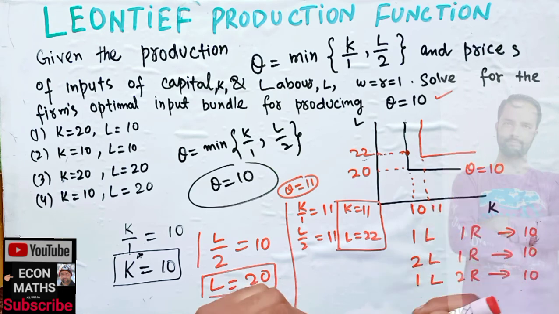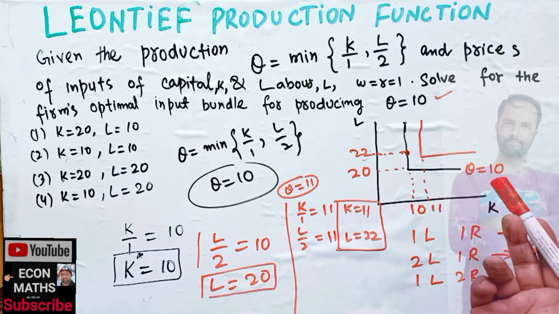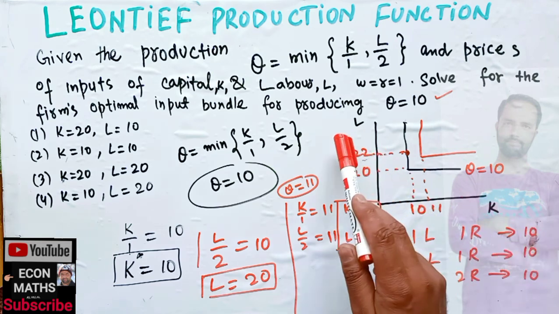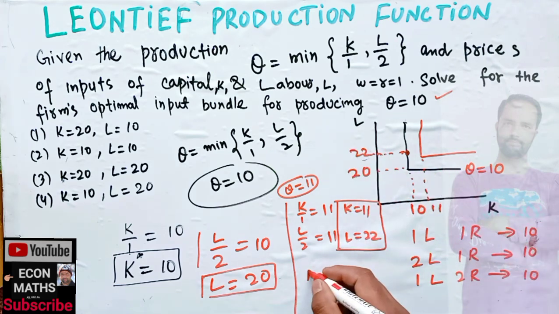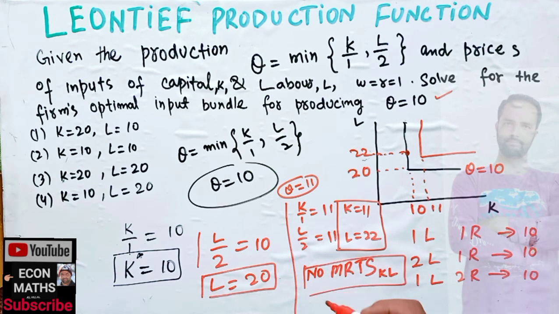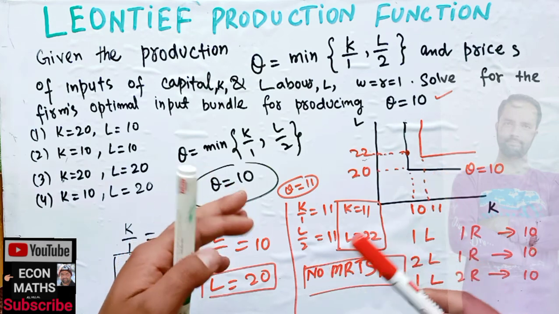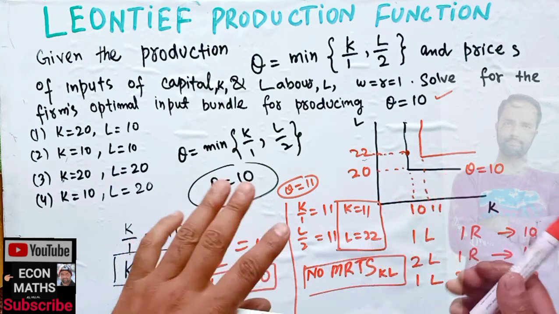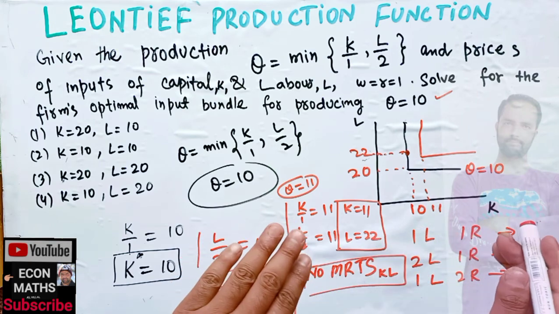Along the isoquant we cannot substitute labor for capital or vice versa. That means we have no marginal rate of technical substitution between capital and labor. Another point is that capital and labor are perfect complements and cannot be substituted. Capital and labor are used in fixed proportions.